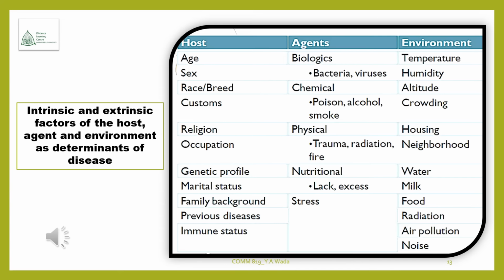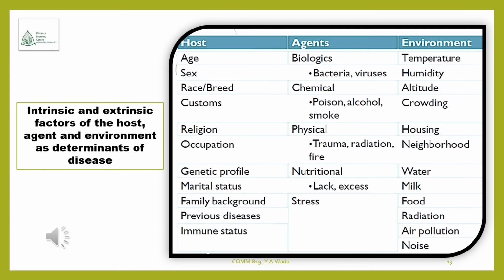a particular infection. For instance, when you talk of age, when you look at the case of malaria, mostly malaria is more prevalent in younger age than higher age. And when you talk of sex or gender, there are some diseases that are more associated with the opposite sex.